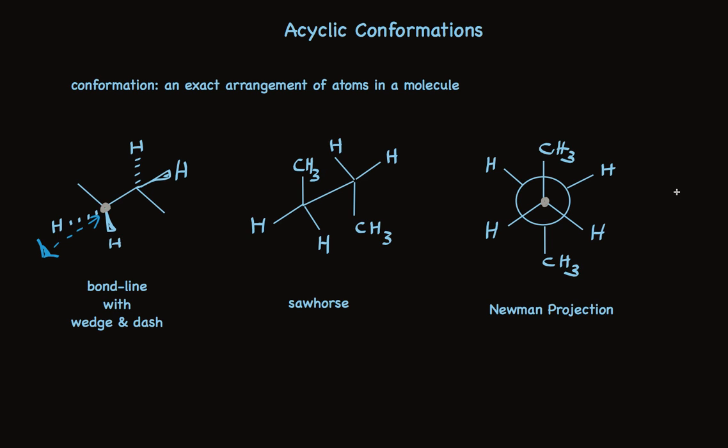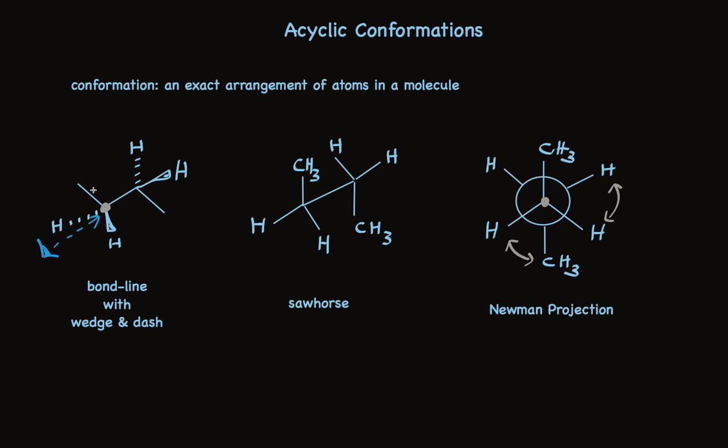And the advantage of the Newman projection is it now lets us see very clearly the spatial relationships, including angle, of a substituent on one carbon and the substituent on another carbon. So whichever ones we pick, we can easily see what their spatial relationship is. And for that reason, this Newman projection is the convention that's most useful when we're trying to understand conformations of acyclic compounds.